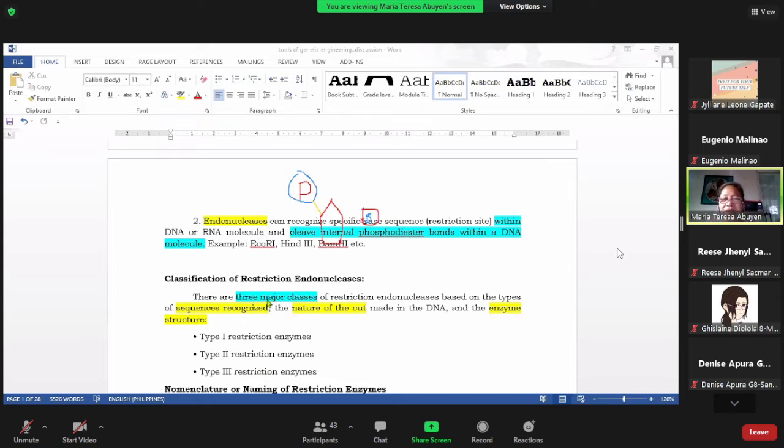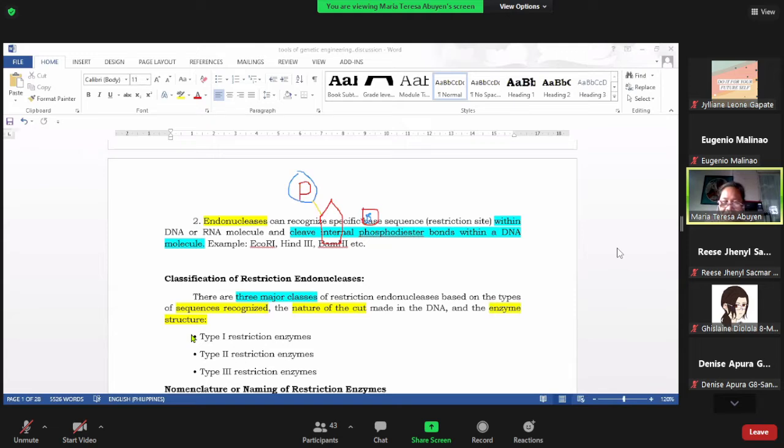The three major classes are based on the type of sequence recognized, the nature of the cut, and the enzyme structure.